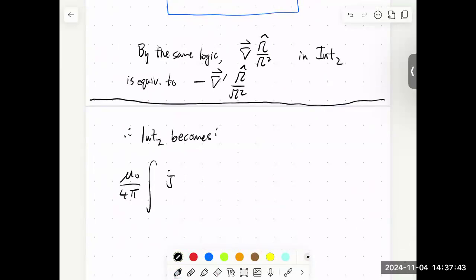Integral, so our j was here. So I put the j in the wrong spot when I first was writing down that identity. But now what we're going to do is put a prime coordinate system here, and then we'll pick up a negative sign, and then this is going to act on the curly r's and d tau prime.